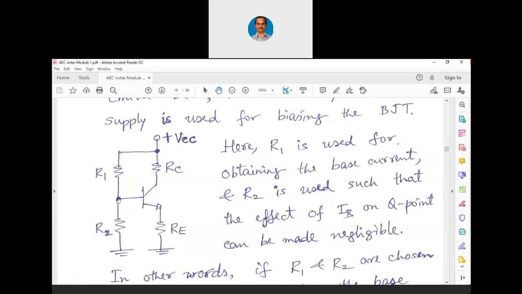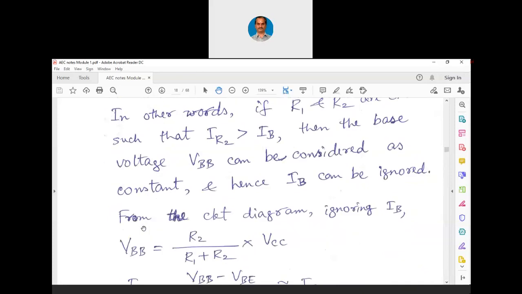If you approximate IR2 to IR1, the total current is nothing but VCC divided by R1 plus R2. VCC divided by R1 plus R2 into R2 is the voltage drop across R2. That itself is VBB. So the base voltage is R2 divided by R1 plus R2 into VCC.